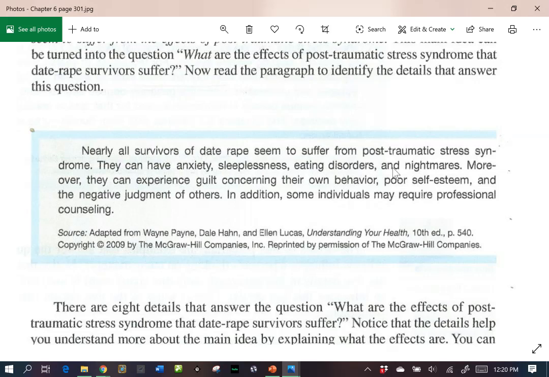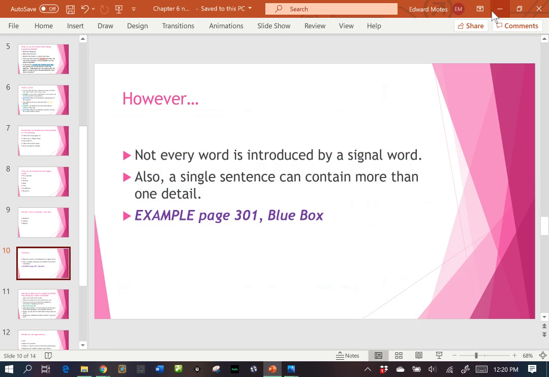So in sentence number 2, there are 4 details. In sentence number 3, they can experience guilt concerning their own behavior, number 1, poor self esteem, number 2, and negative judgment of others, number 3. So in sentence number 3, there are 3 details. Don't forget that when you're thinking of the details, a sentence could have more than one detail.